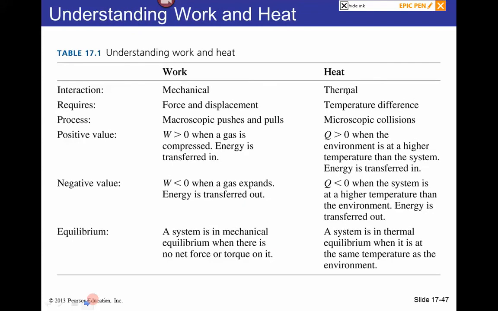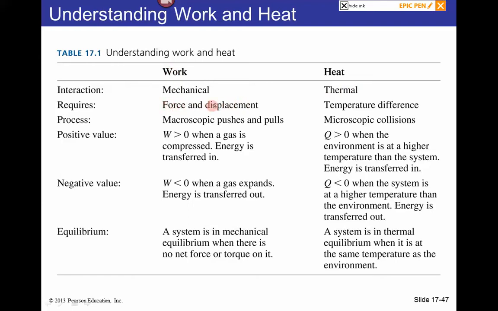So here is another way to look at the two ways of transferring energy to a system. We can transfer energy to a system by doing work or by heat. The type of interaction in the case of work is a mechanical interaction. In the case of heat, it is a thermal interaction. Work requires force and displacement, right?